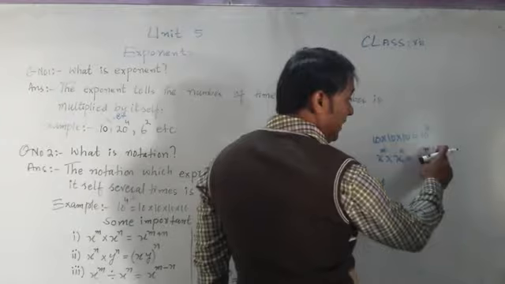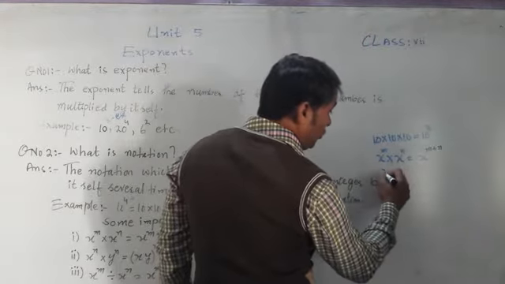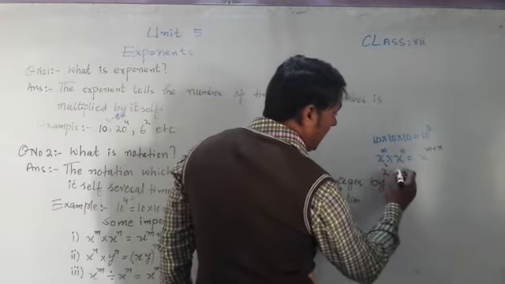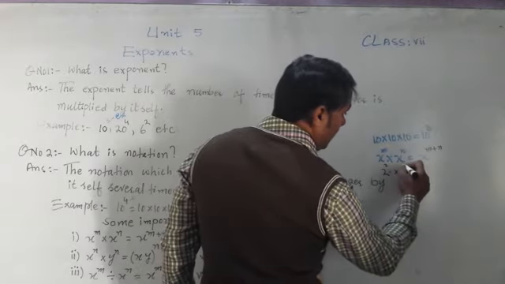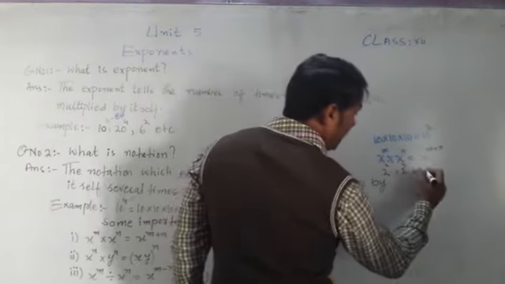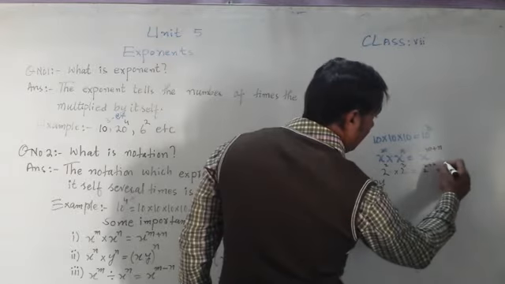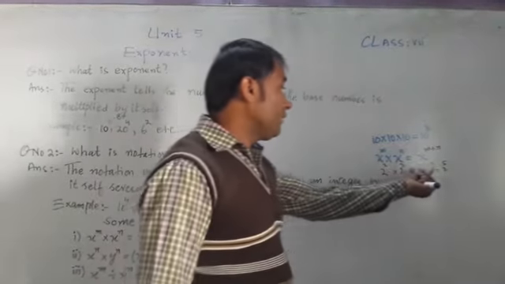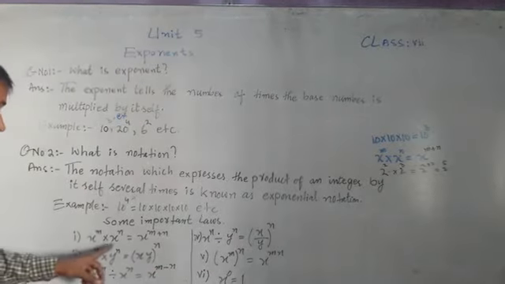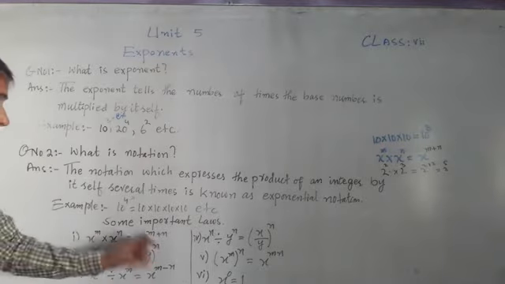For example, 2 power 2 multiplied by 2 power 3: the 2 stays the same, and 2 plus 3 gives 2 power 5. In the first law, the base is the same and the powers are different, so we write the base the same and add the powers.